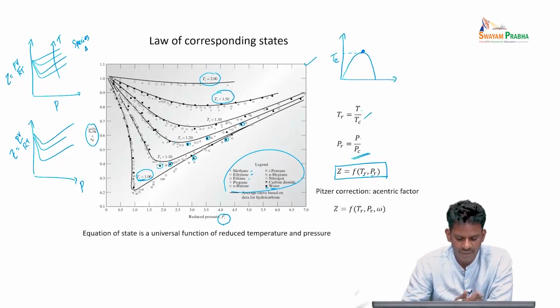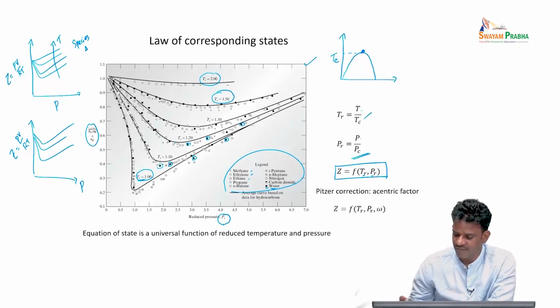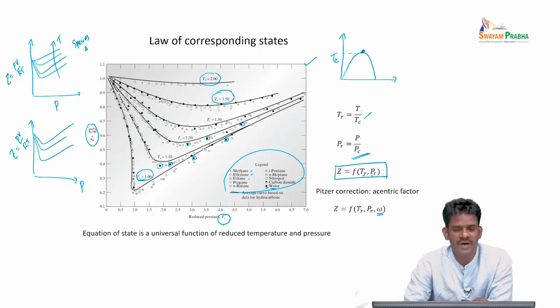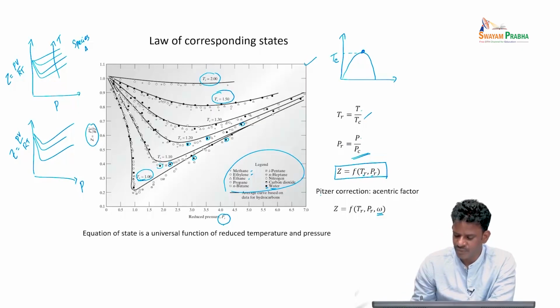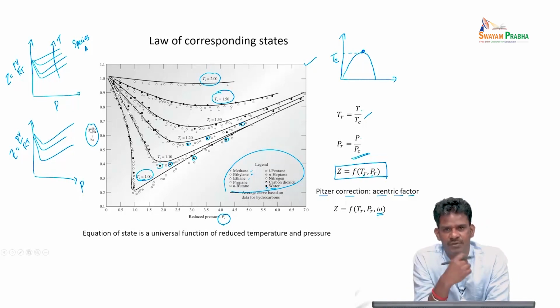So if you want to account for many such compounds, we have to extend this universal function by including more parameters. One such example is the Pitzer correction, which introduces the acentric factor, which takes care of the shape of the molecule.